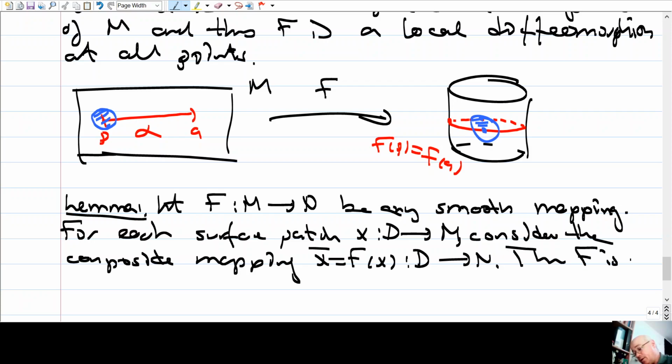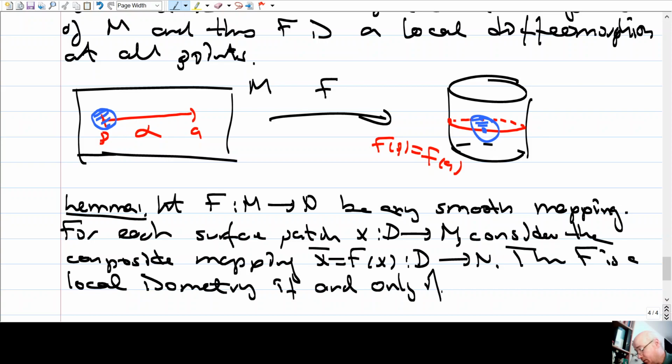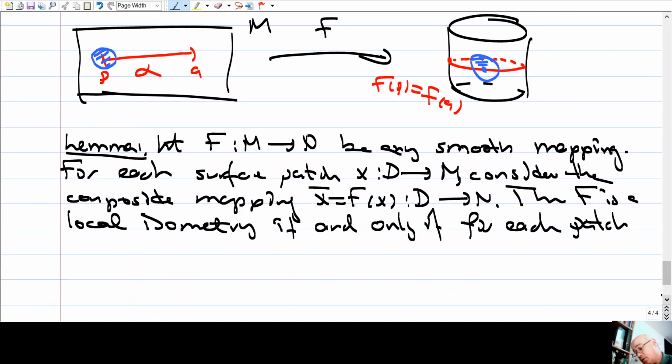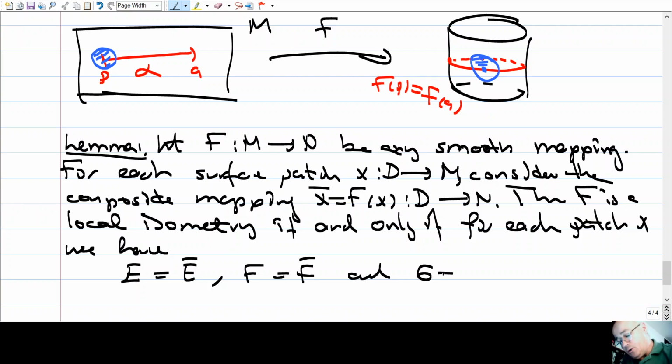f is a local isometry if and only if for each surface patch x we have E equals E bar, F equals F bar, and G equals G bar.